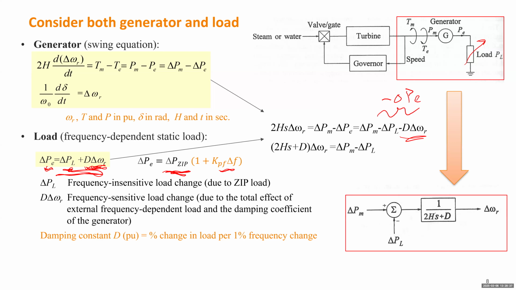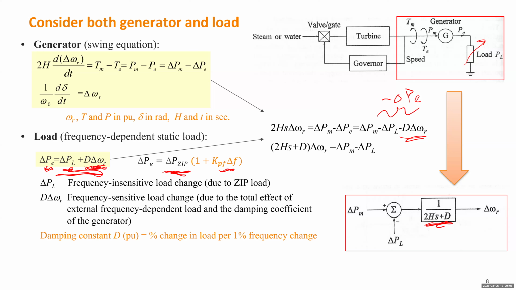Then you can immediately get this block diagram. This tells us the change in the mechanical power due to the turbine and the change in the load, which is not sensitive to frequency, their difference will determine how the frequency of the generator will change, through this first order component.